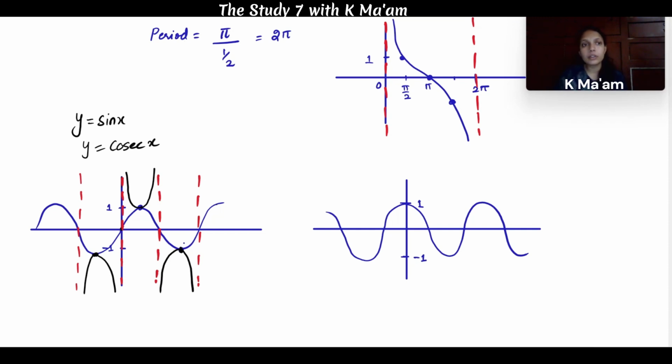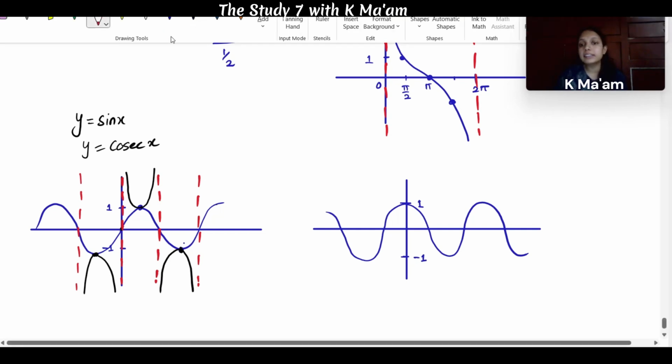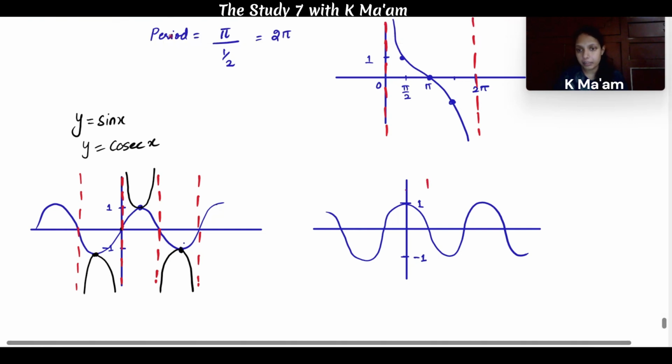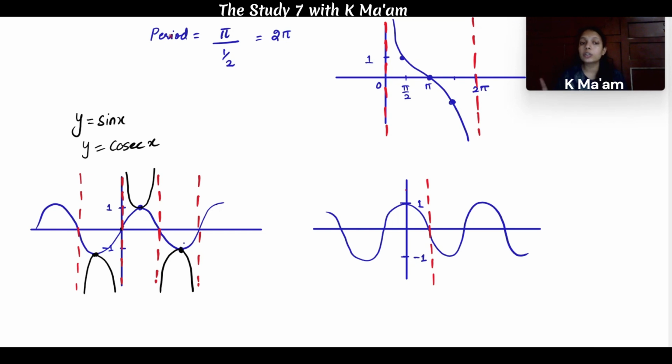Similarly, look at the cosine. Cosine is 0 at pi by 2. So at pi by 2, cosine is 0, and the reciprocal of 0 is undefined. So secant is undefined here, and here also, because cos is 0 here.